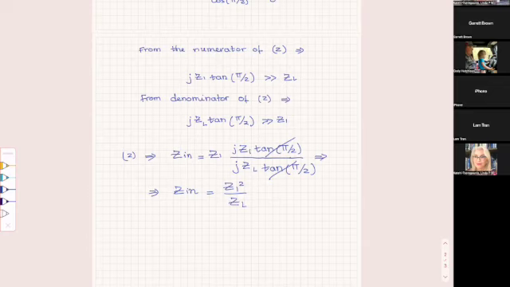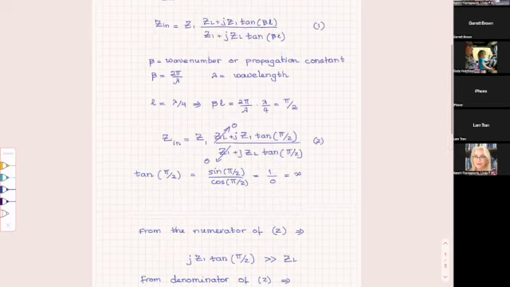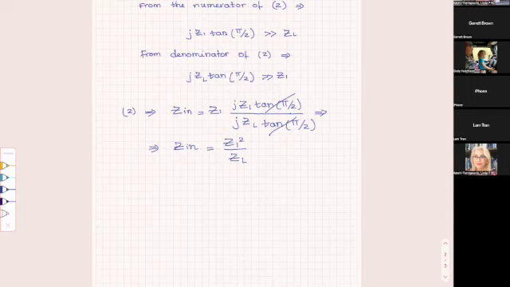Okay. So now let's find out how much Z input is going to be.